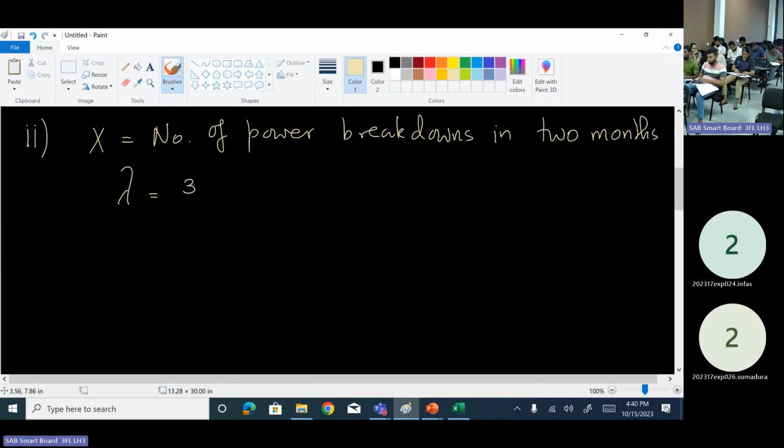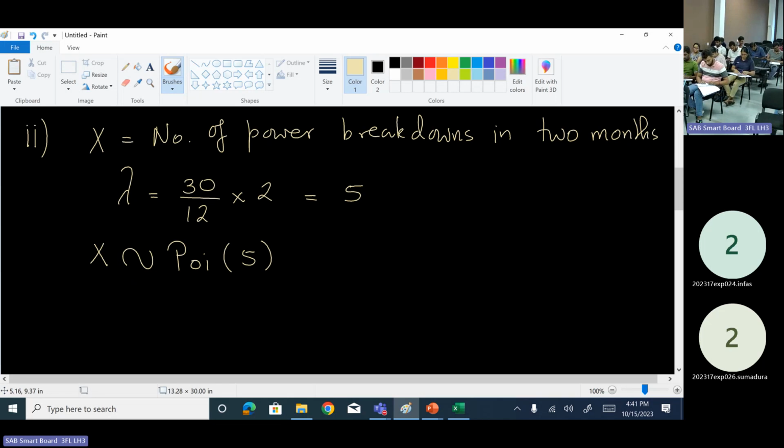So per year 30. If you divide by 12, we get the 1 month rate, but we want the 2 month rate, so multiply by 2. So it is 60 over 12, which is 5. So lambda is 5. Now this X follows Poisson with 5.